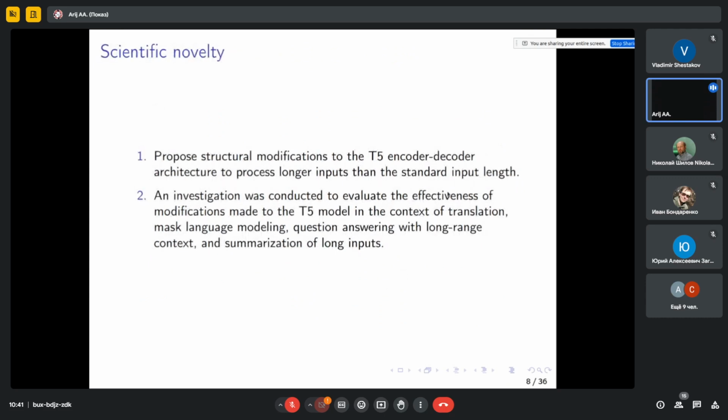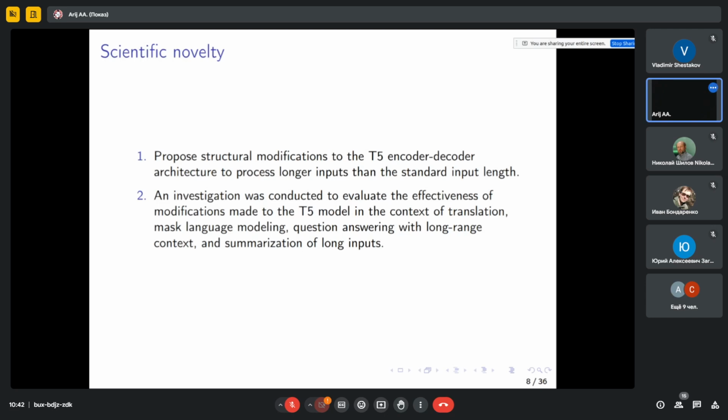So the scientific novelty of the work can be summarized in two main points. First point is the proposed structural modifications of the T5 encoder-decoder architecture, which is mainly from Hugging Face, to process longer inputs than the standard input length, which, as I explained, is 512 tokens.